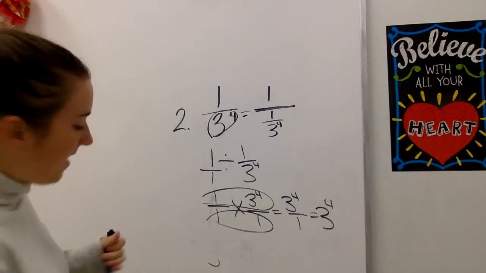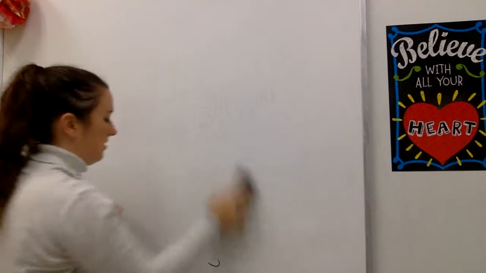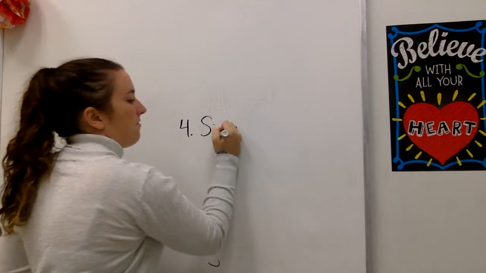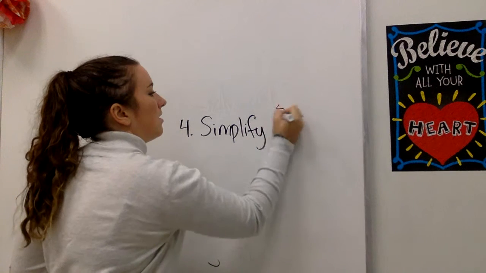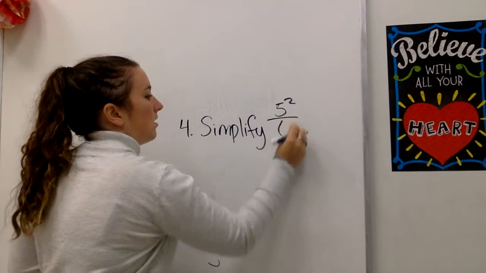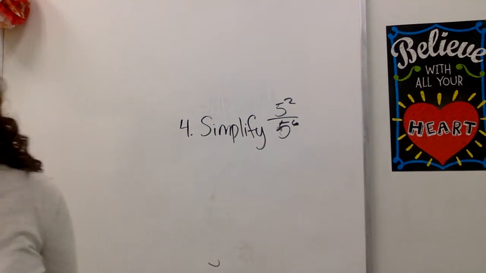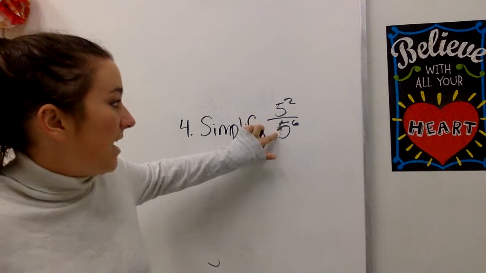All right, final problem. We have simplify 5 squared over 5 to the 6th. There are 2 ways I can do this one. The first way is to expand it.